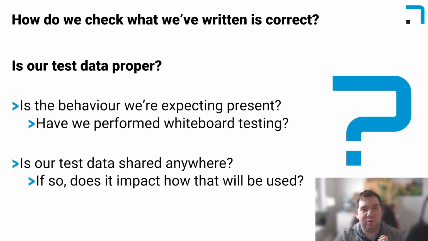Remember, we really want to try and make each individual test agnostic or independent of every other test. No matter if we're running our whole test suite of hundreds of tests or just a single test case, it should be running perfectly fine. So we need to make sure that if we change or use our test data in some way, it doesn't have any knock-on effects on what's happening next.